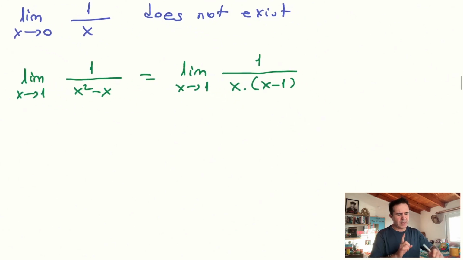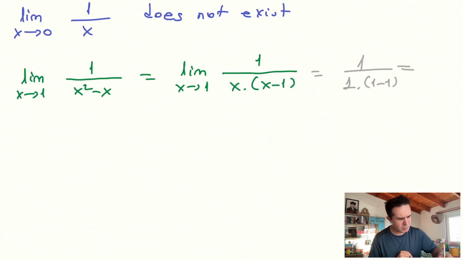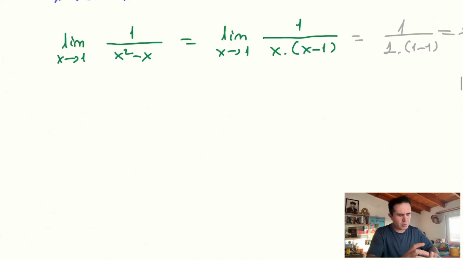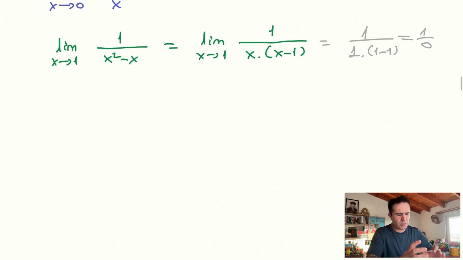Now, if we substitute 1 here, this will be equal to 1 over 1 times (1 minus 1), and this will be 1 over 0. Since the denominator is again 0, we cannot use direct substitution. So we should find the limit using the one-sided limit rules.